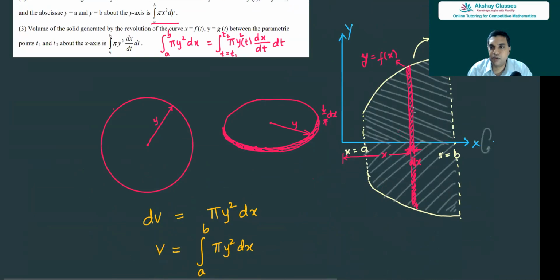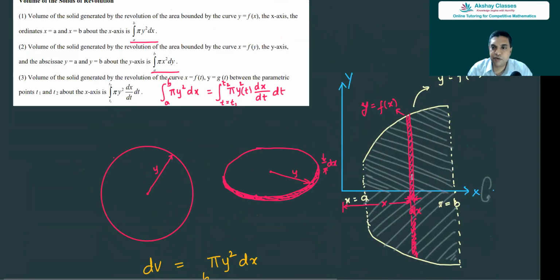We are talking about the surface area, so we don't talk about the internal volume, only the surface. The surface area of this disk will be the circumference times the thickness. It is not the surface area inside; it is talking only of this thin rim. When it gets revolved, it revolves like this. So we are talking about this surface area, this shaded portion.